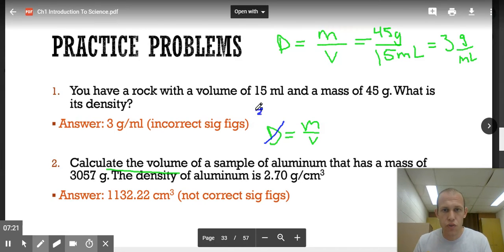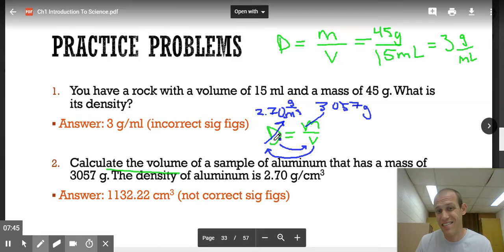Density is 2.70 grams per milliliter, or centimeters cubed, sorry about that. Then we have the mass, which is 3,057 grams. And if you're comfortable with math, you can realize that I would multiply the V over, and then I would divide the D over. So I really can switch these around.